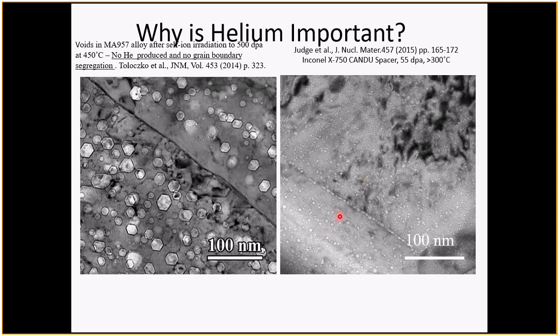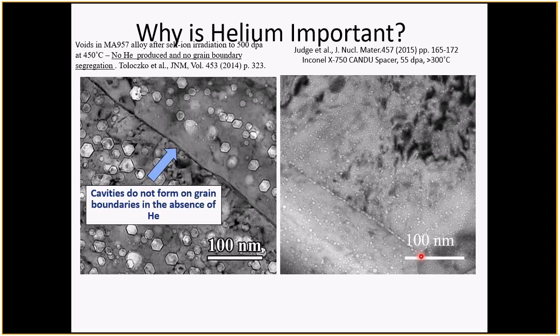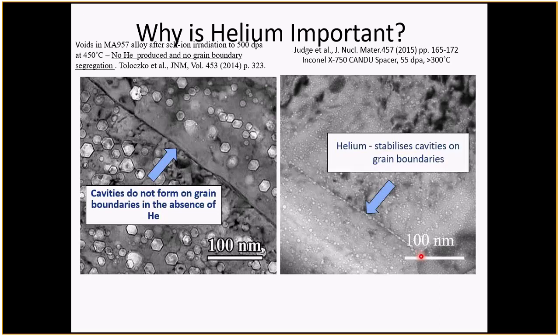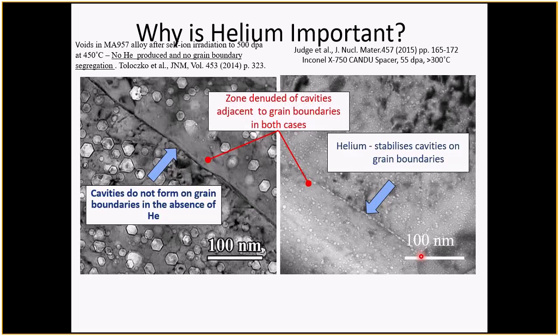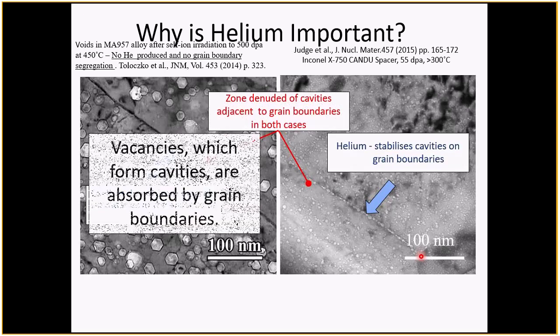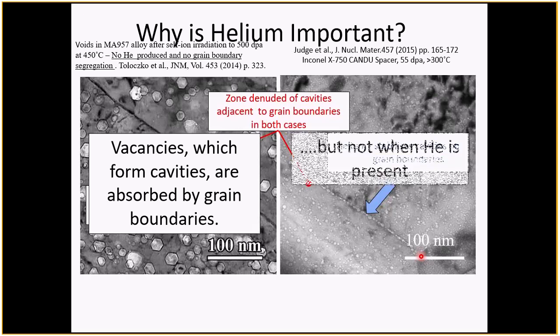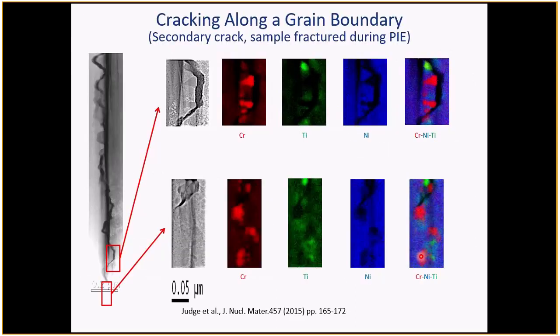Now, it's not that much different from the bulk, but you can see this line, you can trace it, and that tells you there's a higher concentration along there. So cavities do not form on grain boundaries in the absence of helium, but they do when you have helium. So vacancies which form cavities are absorbed by grain boundaries, but not when helium is present.